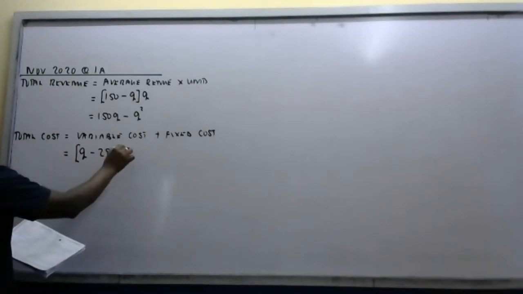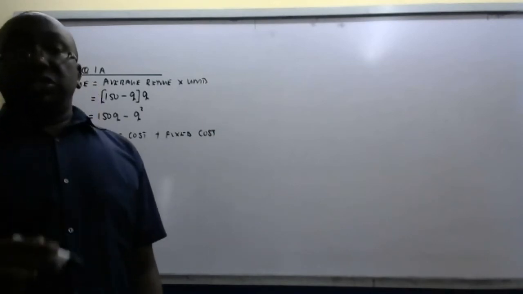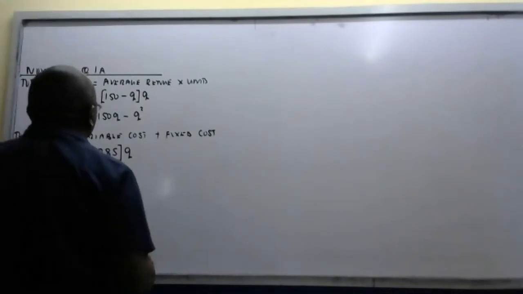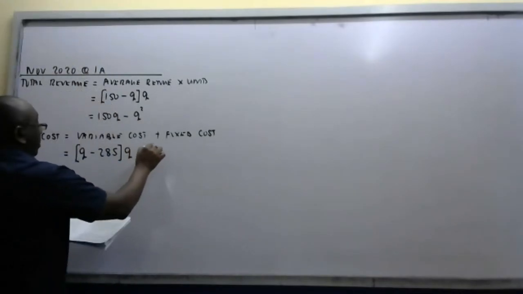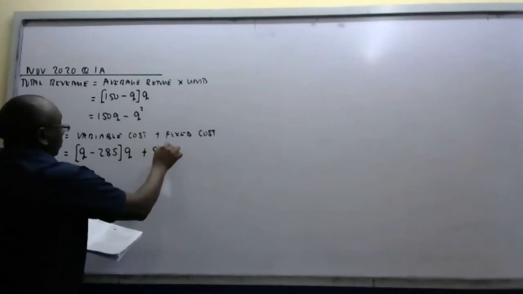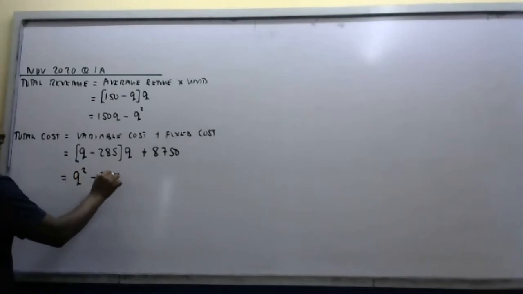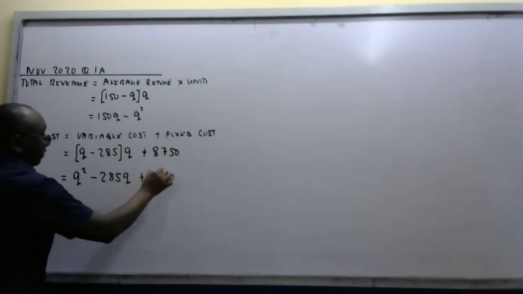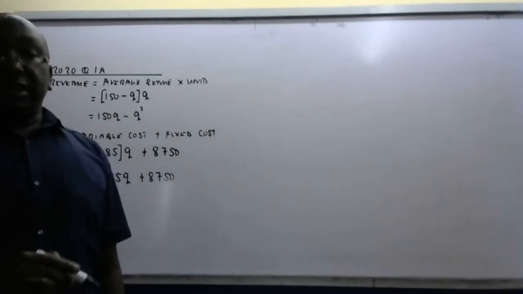So you must multiply by the number of units, because variable cost changes as the units change. Now plus the fixed cost, which is 8750. And this opens up as Q squared minus 285Q plus 8750. That is the total costs function.